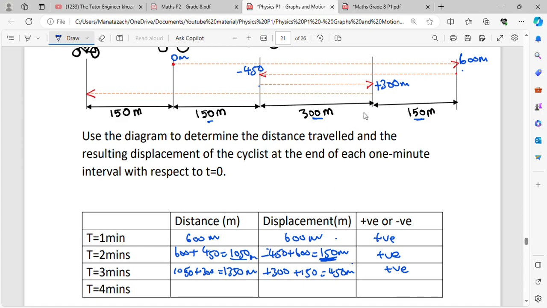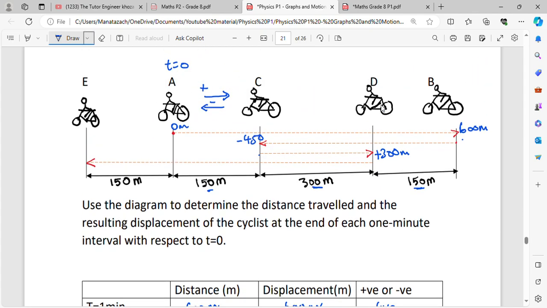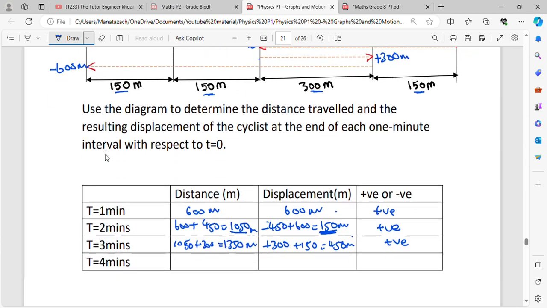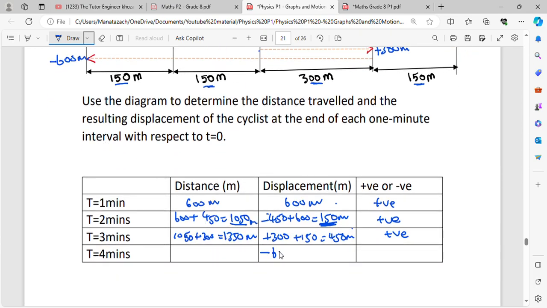And then the final stop for the cyclist would be at point E. From point D to E, since it's going to the left, it's going to be negative: minus 300 minus 150 minus 150. So you'll have minus 600 here. You'll take that minus 600 and add it to the previous amount, which was 450 meters.